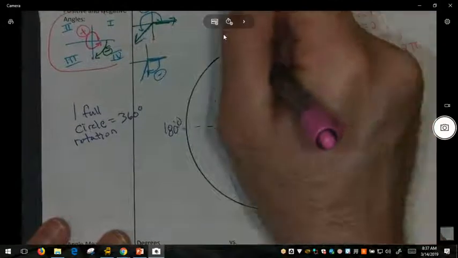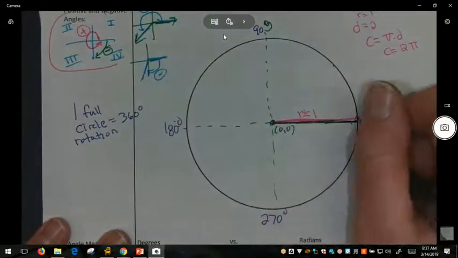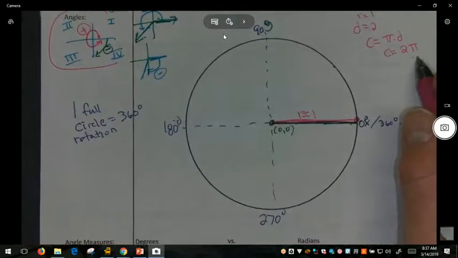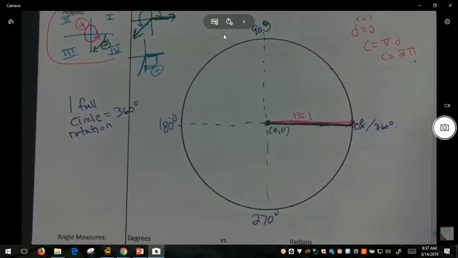So traveling around this, the distance around the circle would be 2 pi, whatever the units are, inches, centimeters, whatever.